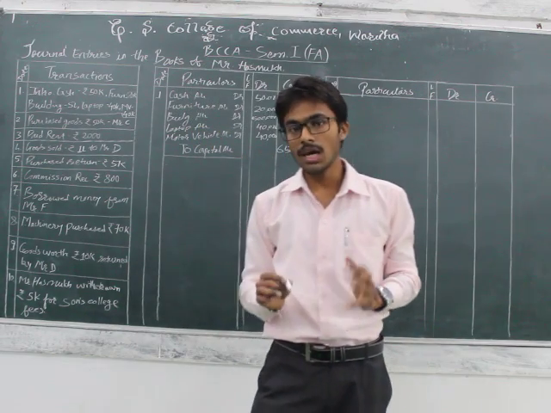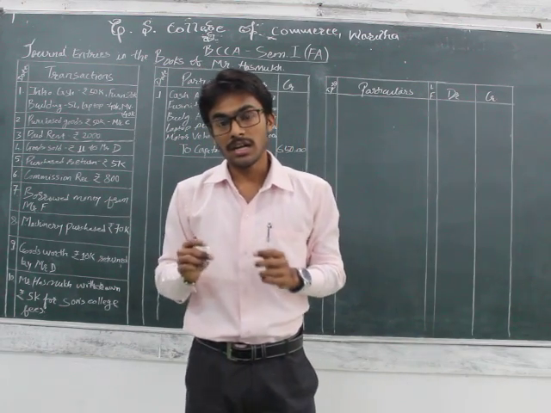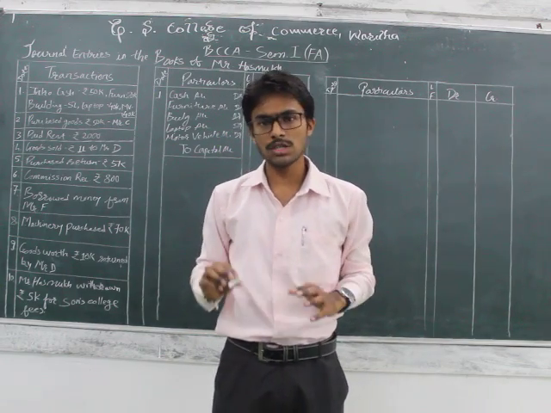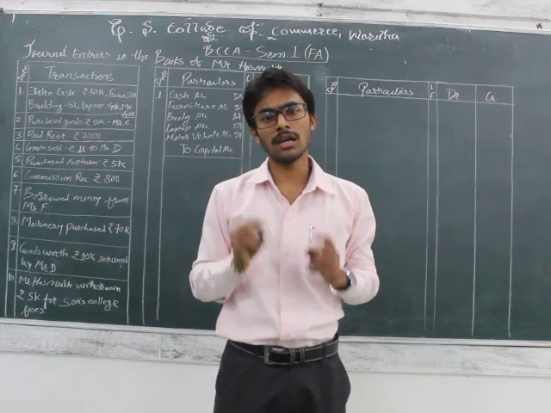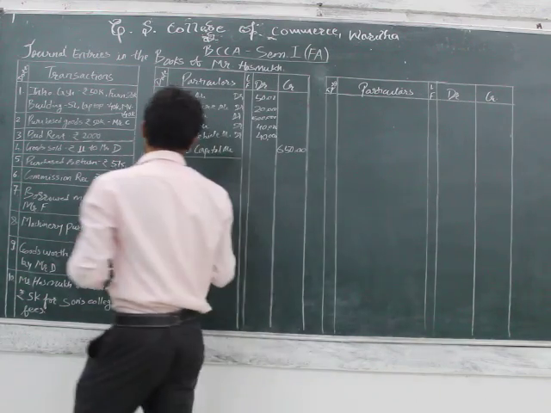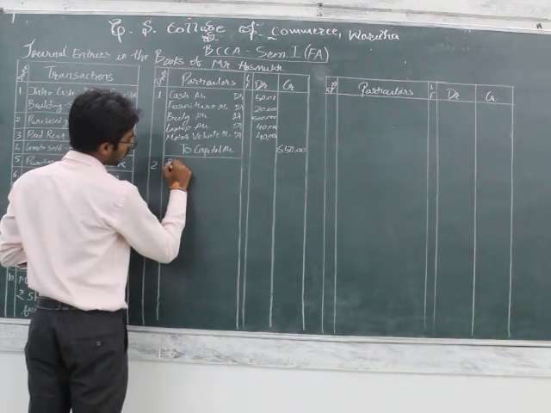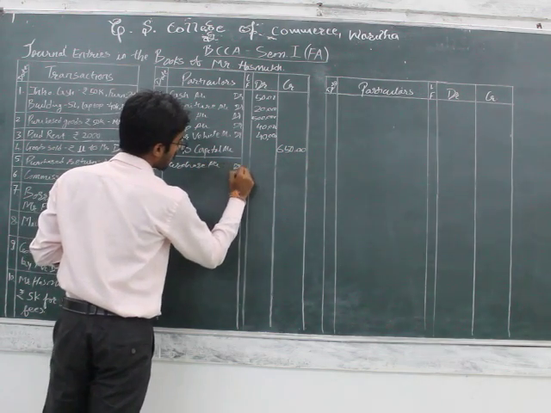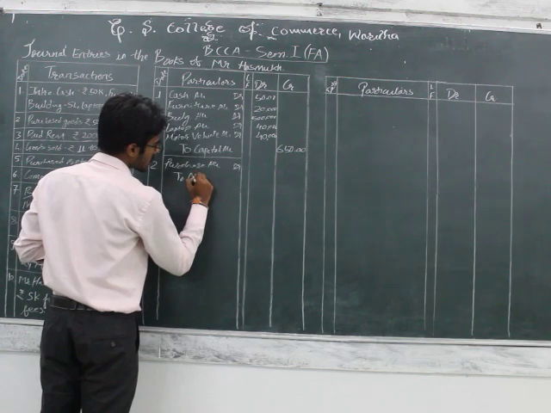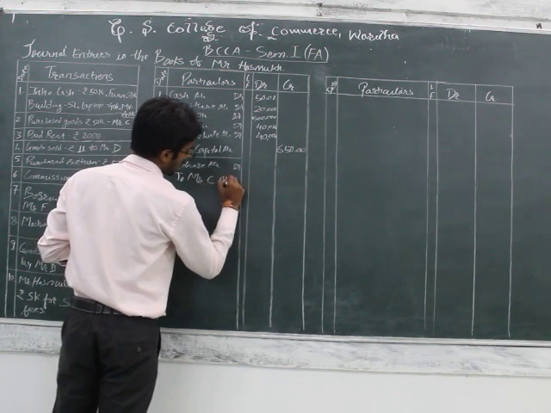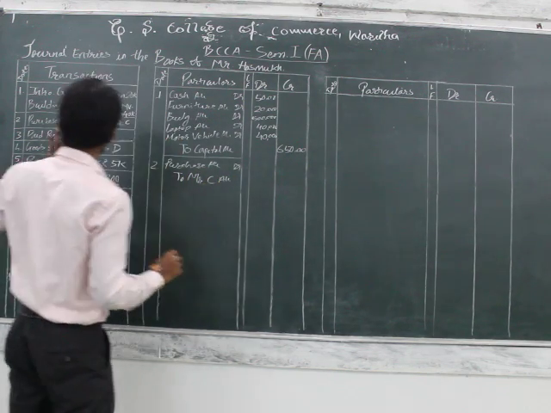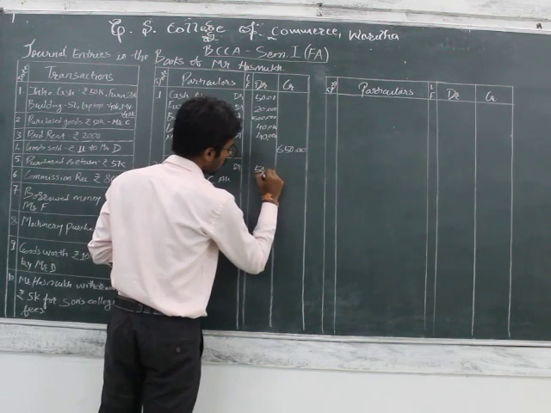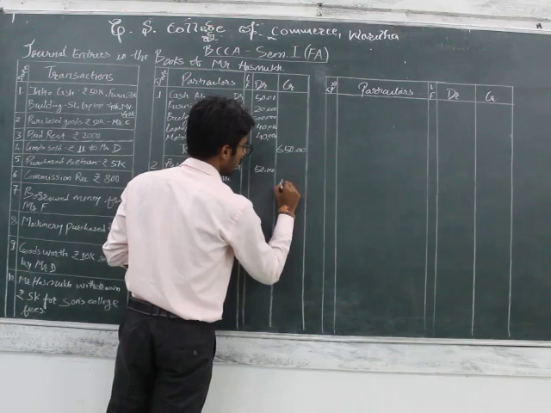And Mr. C, is he the receiver or giver? Mr. C is the giver here, so the personal account rule says debit the receiver, credit the giver. So purchase account will be debited to Mr. C account, and the amount will be rupees 50,000.